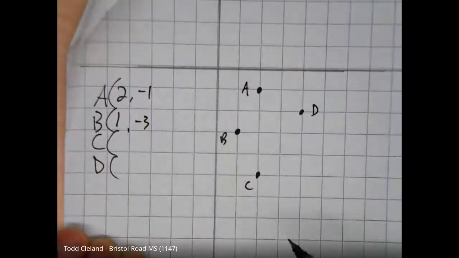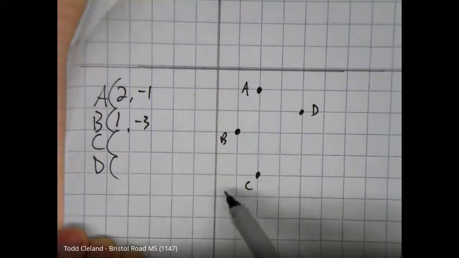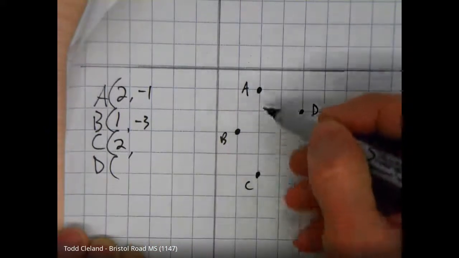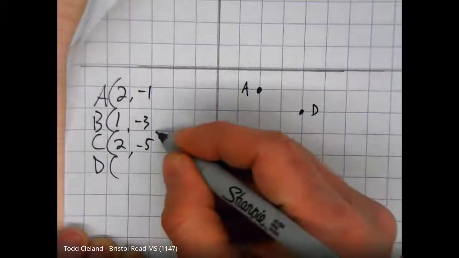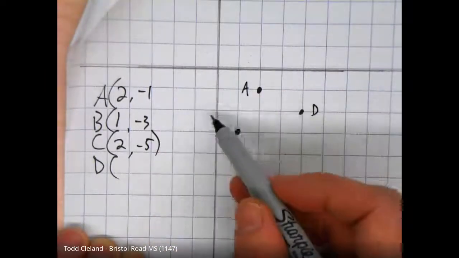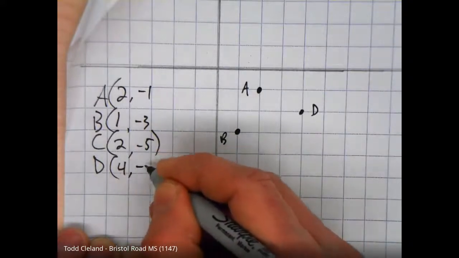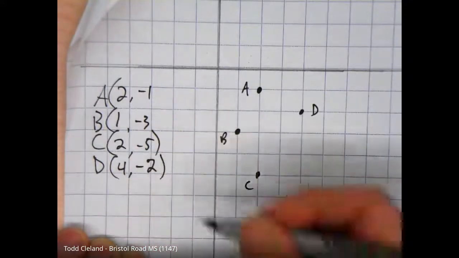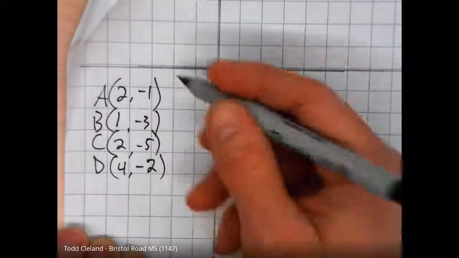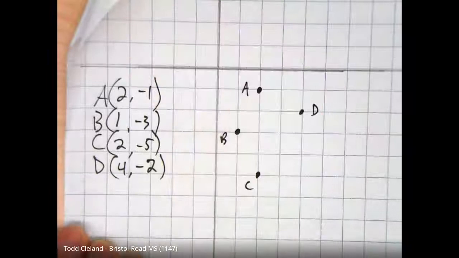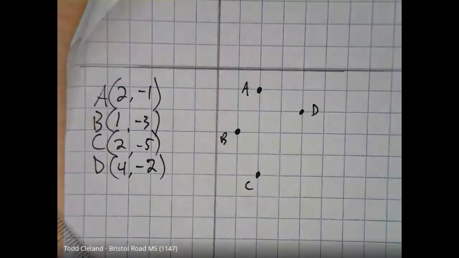And then we've got C would be 2, negative, I think that's 5. And D would be 4, -2. All right, so those are our coordinates. You can tell because they are listed in the circular, like the rounded brackets, which are officially called parentheses.